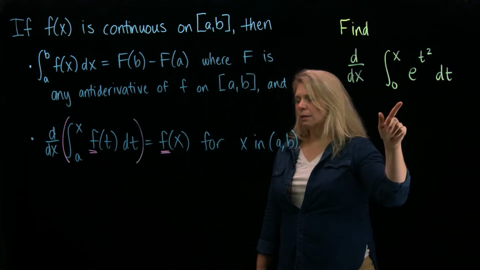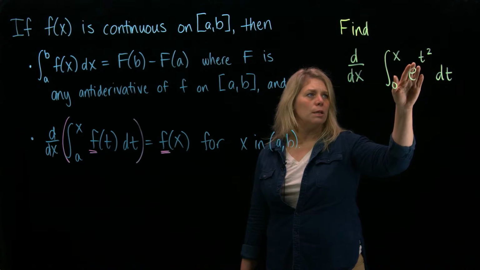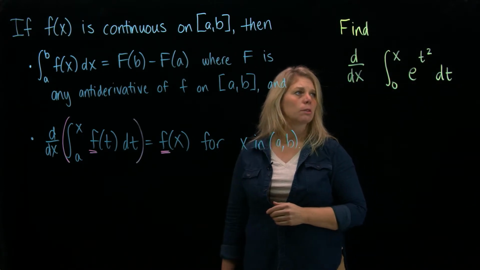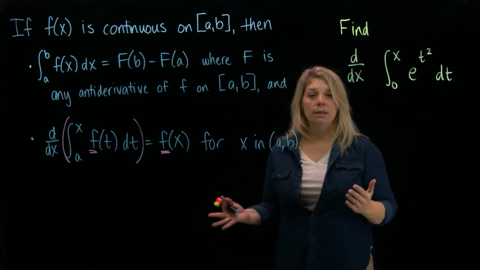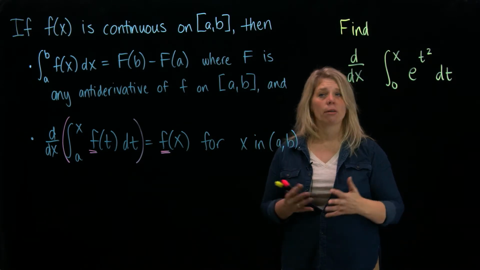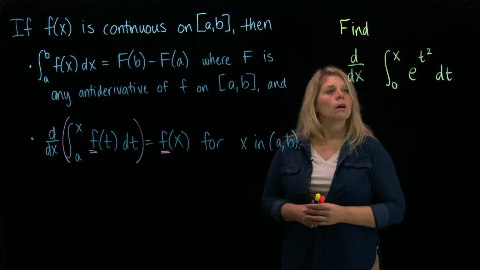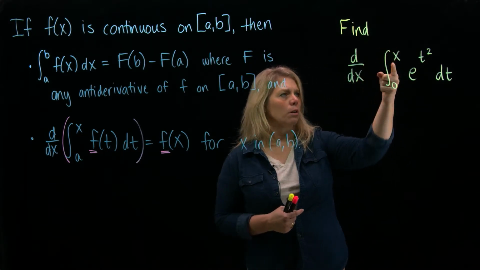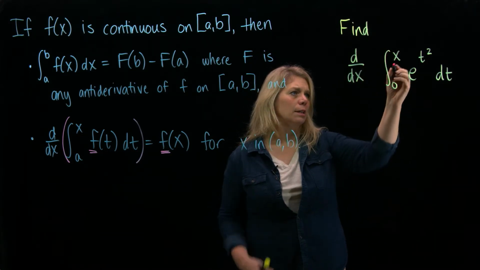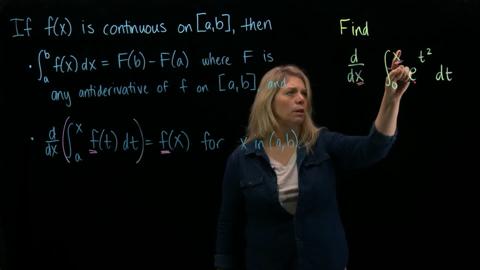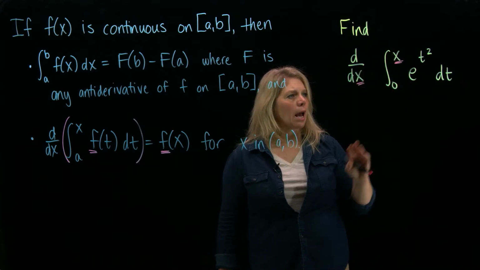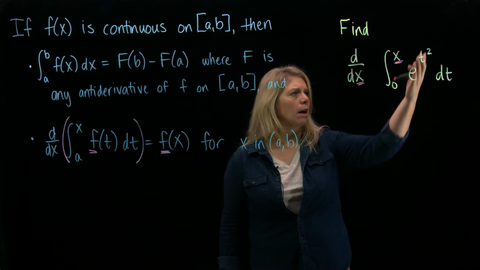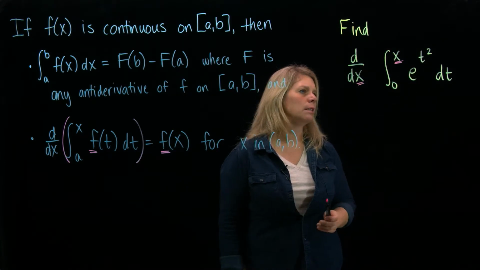Our function in this case is e to the t squared. f of t equals e to the t squared, which is continuous everywhere. So we are interested in differentiating with respect to x this integral whose upper limit of integration is x. So that's important to note that those are the same there. And I have a definite integral of this function, e to the t squared dt.